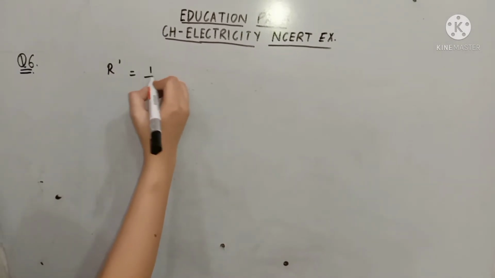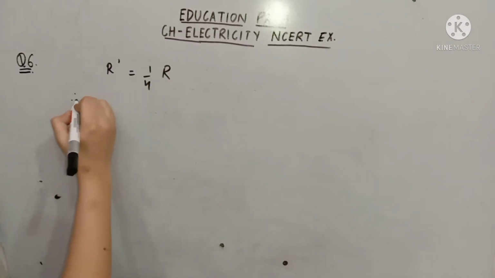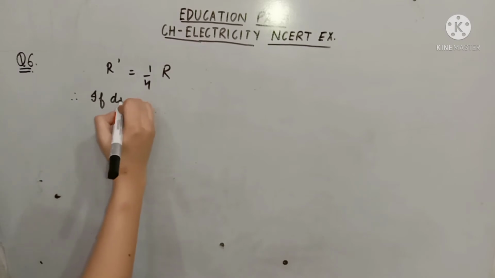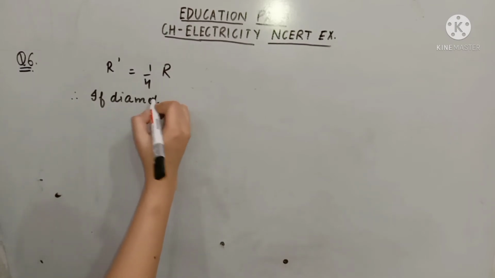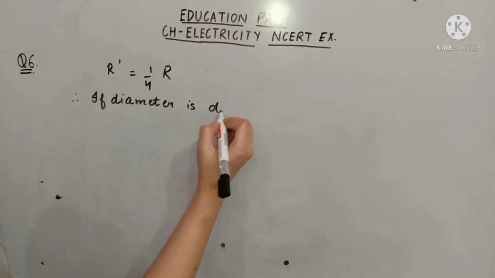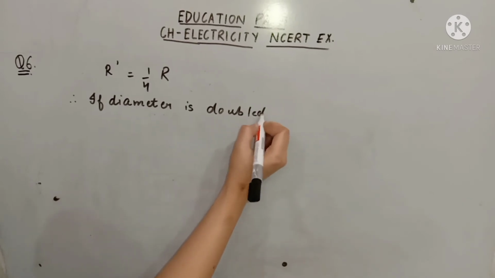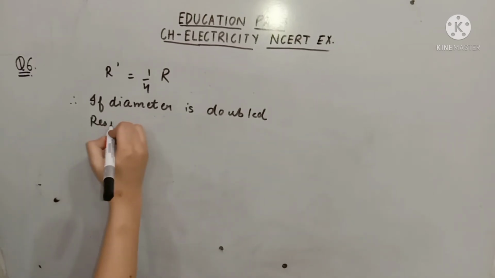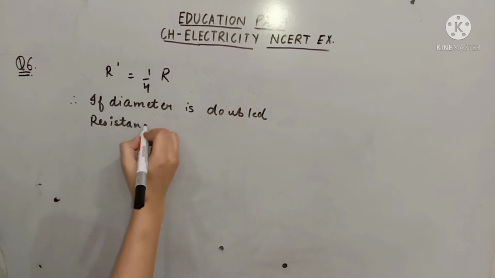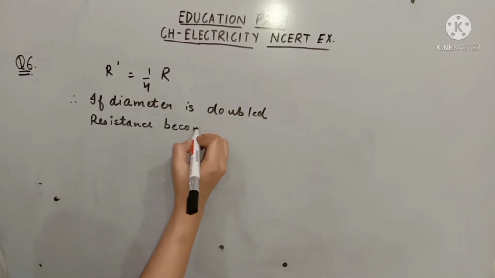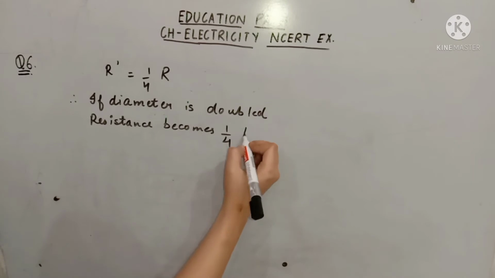R dash is 1 upon 4 R. Therefore, if diameter is doubled, resistance becomes 1 upon 4 times.